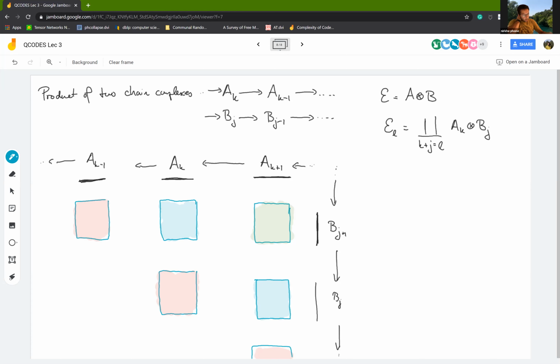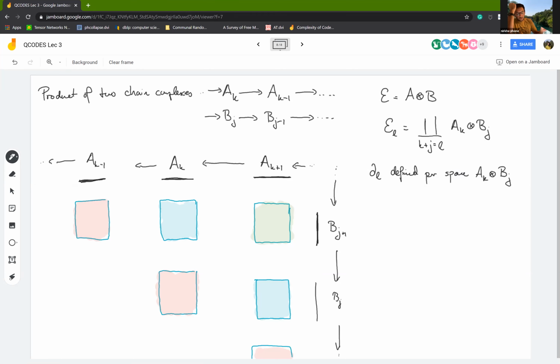Okay, so now I want to define the boundary map. I'm going to define the boundary map D_L on the space A_K tensor B_J.